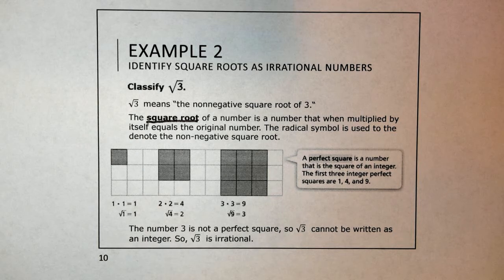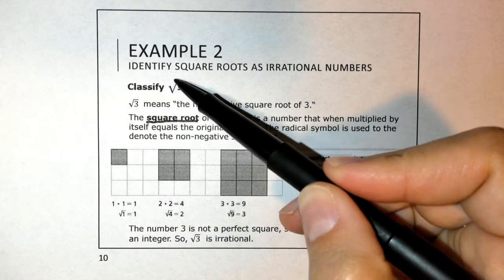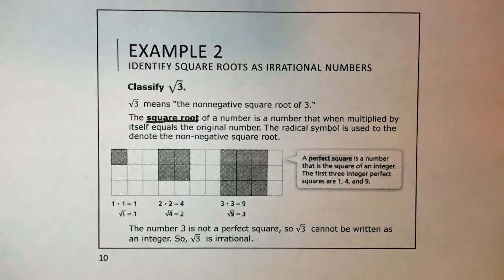The radical symbol, which is like this little check mark with a little extension on top, a little house, is used to denote the non-negative square root. So we have to find a number that, when multiplied by itself, equals that original number.